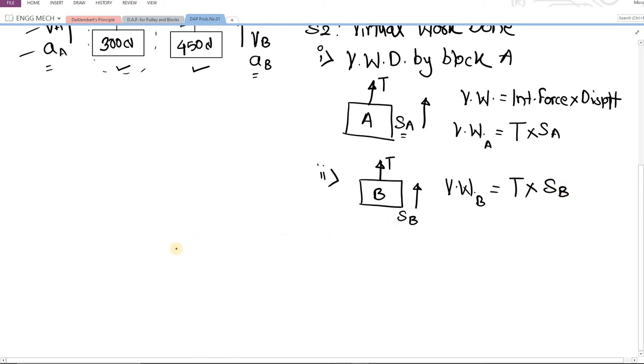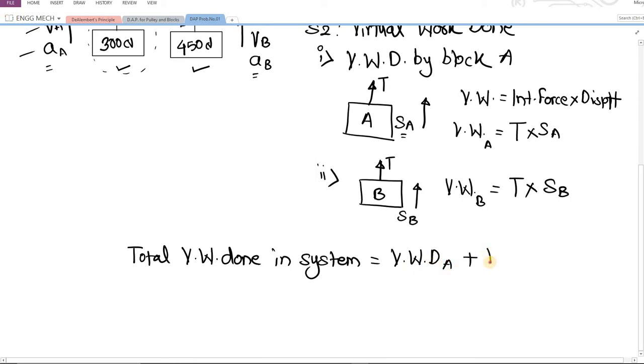Now we are very well aware that total virtual work done in a system is equal to 0. Therefore, the total virtual work done in the system is going to be the individual virtual work done by A plus virtual work done by B. There are two blocks only, that's why individual virtual work done by A and B, and we are going to equate it to 0.